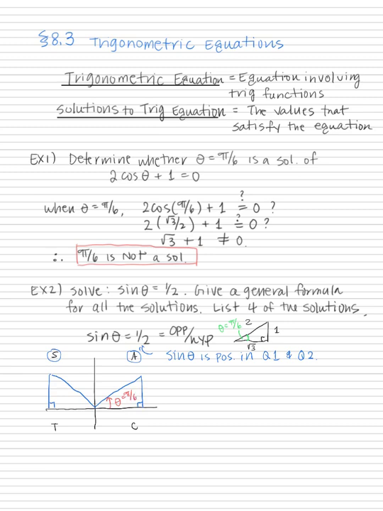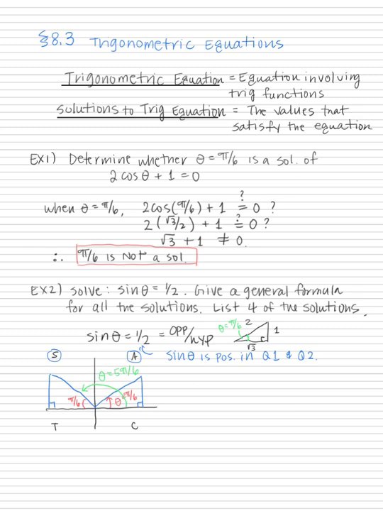And also the terminal point of another one would be from here to here. Since this angle is pi over 6, the remaining angle is going to be pi minus pi over 6, which is 5 pi over 6.